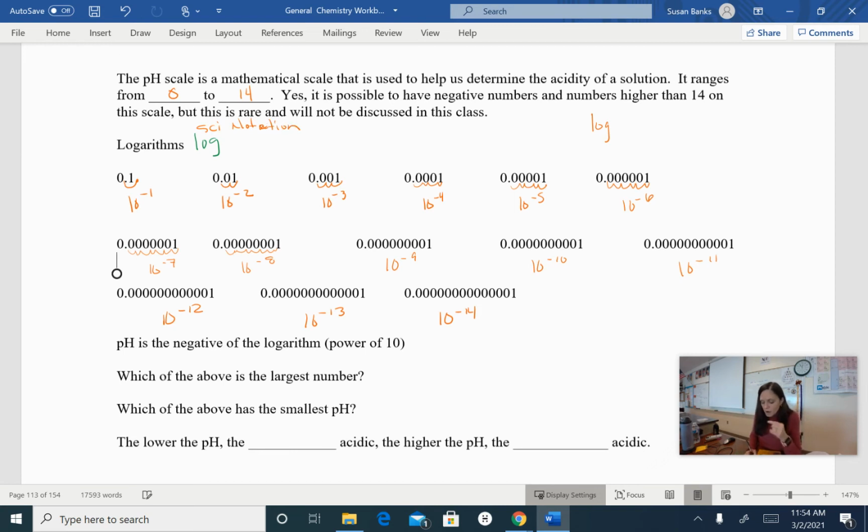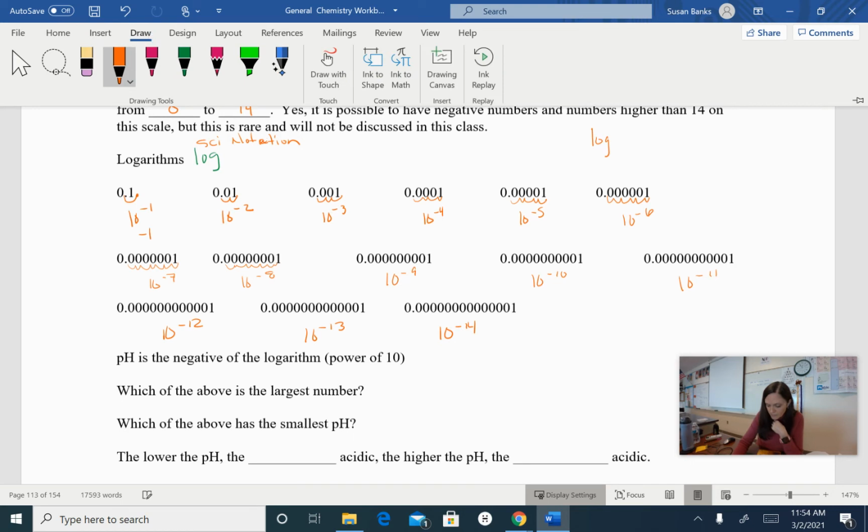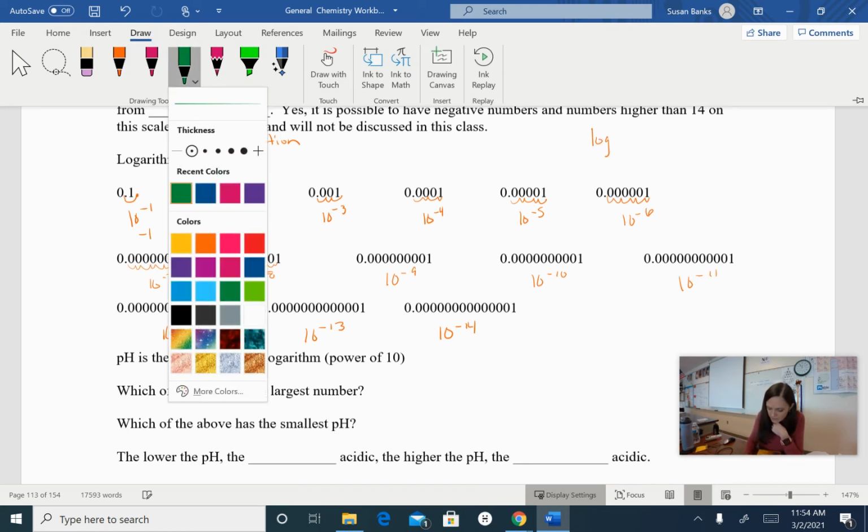Okay, so our log for this first one is going to be -1. Oops, I needed to put that back into green. That was my mistake. So let's make that green.